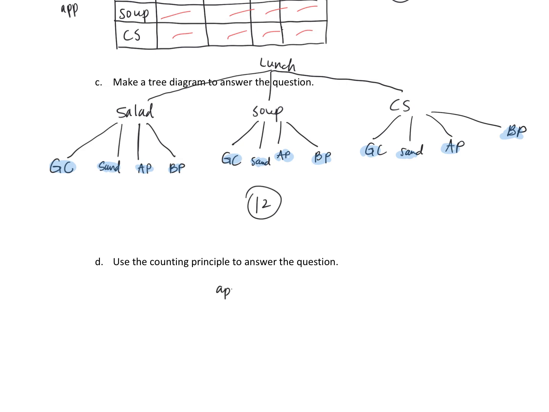So for the appetizers, you're going to do appetizers times the entrees. There were 3 appetizers to choose from, and there were 4 entrees to choose from. And if you multiply that together, you get the number of combinations. So it's not like a difficult concept, right? And it doesn't take as much time as the other options.